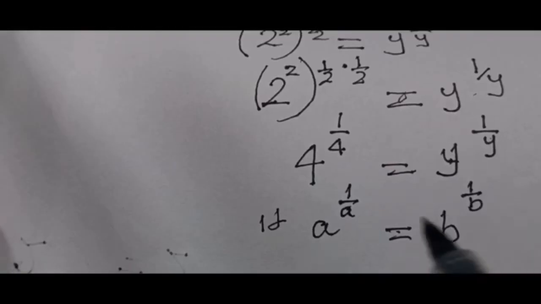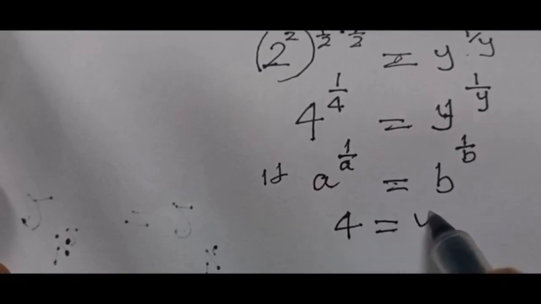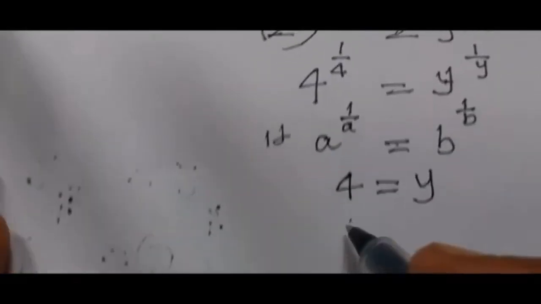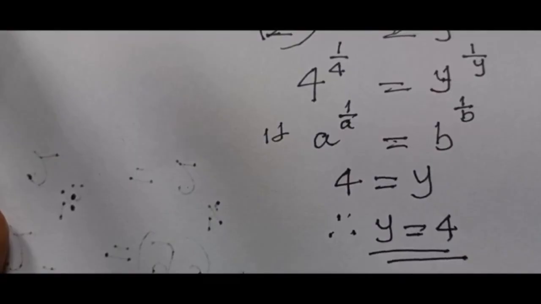It means that either 1 over a equals 1 over b, or a equals b. In our case here, we can just take 4 equals y. Therefore, y equals 4. This is our answer.